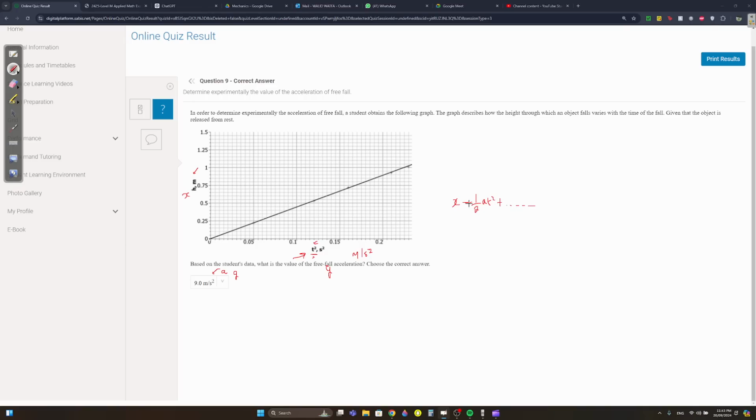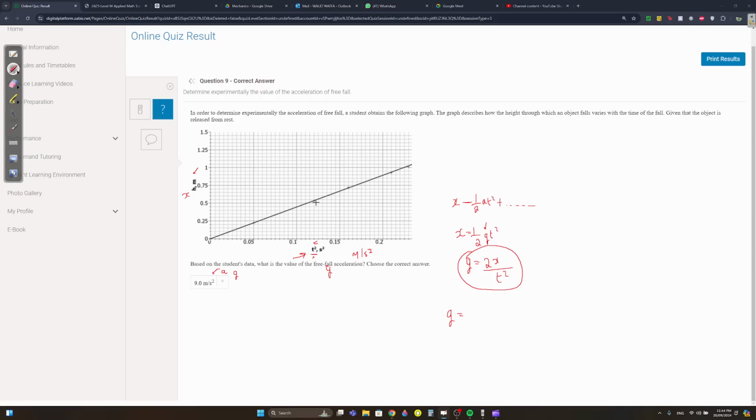We don't care about ut and x naught because we're dropping it from rest. So x equals half gt squared, replacing a with g. Now we want to find g. g equals 2x over t squared, so 2 times x over t squared.